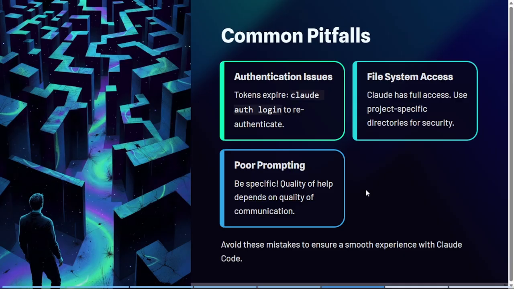This is by design. It needs this access to help you code, but it means you need to be mindful. You don't want to run Claude Code in directories with sensitive information unless you fully trust what you're asking it to do. And definitely don't run it in your root directory or home directory on your first try.